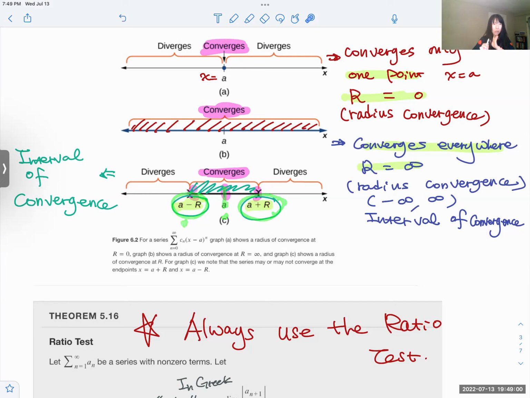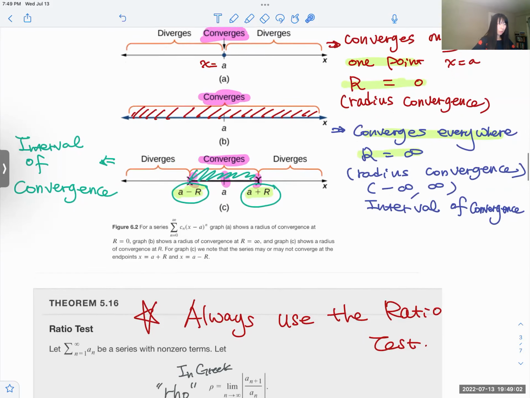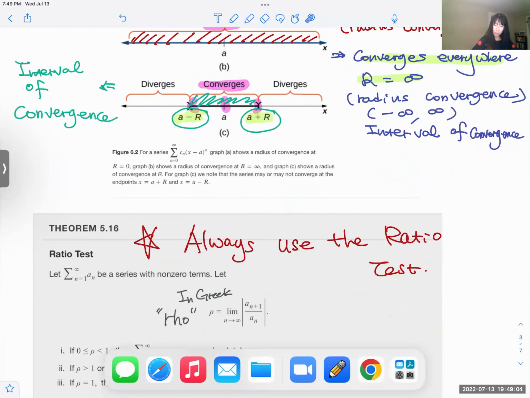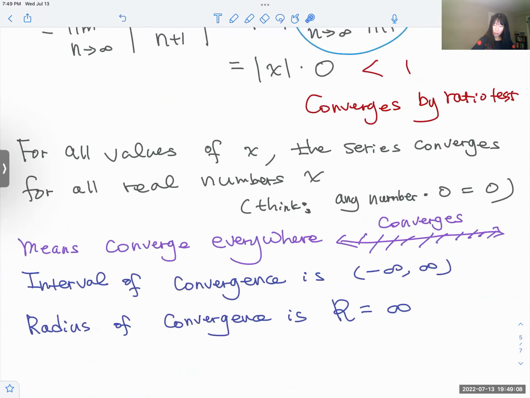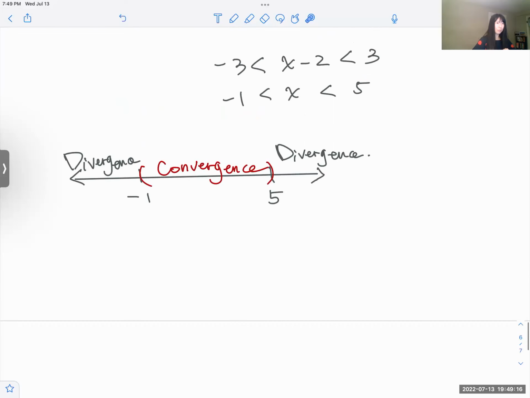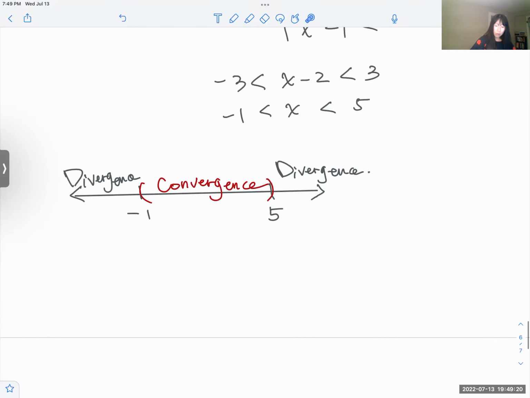Okay, hold on one second. Let me do this one first, and then I'm going to show you the part on divergence, okay?